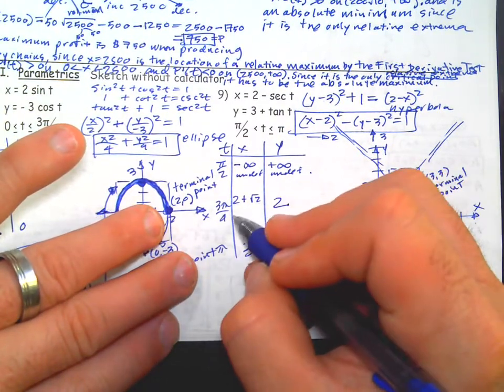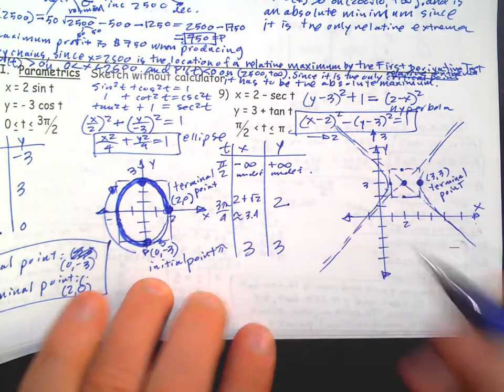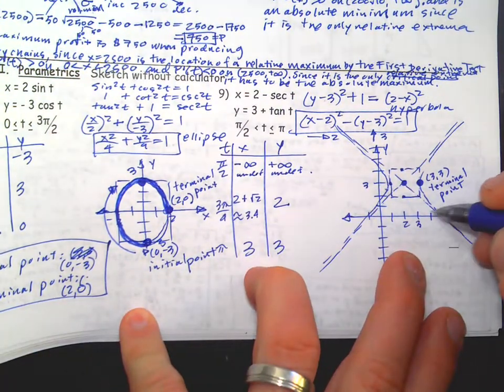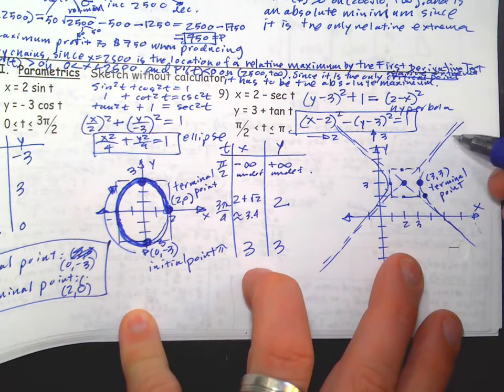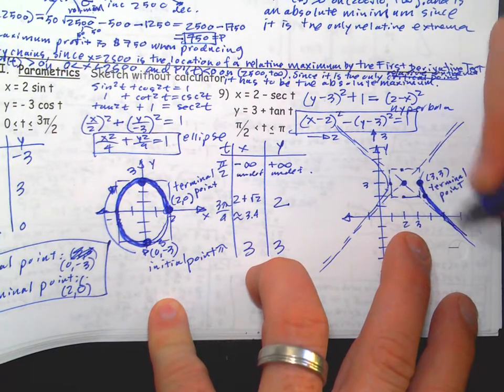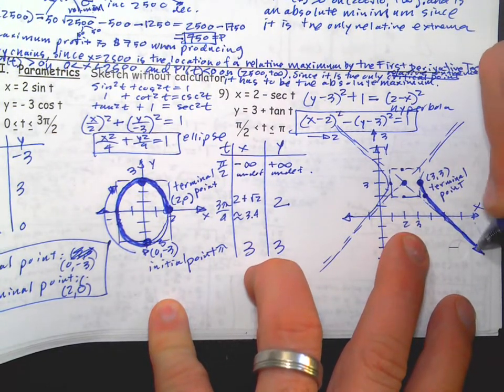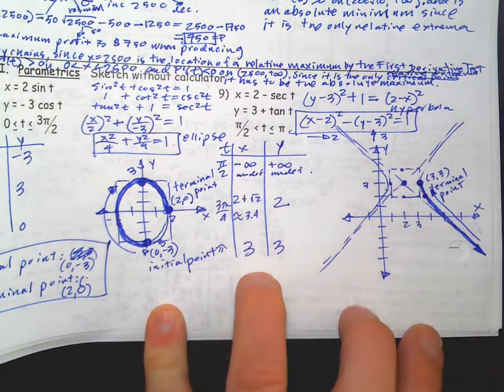This is approximately 3.4, since root 2 is like 1.4. 3.4, comma 2 is right about there, so that kind of makes sense. So it looks like we're going this way, and we put an arrow on here showing that it keeps going, but we're coming in that way.